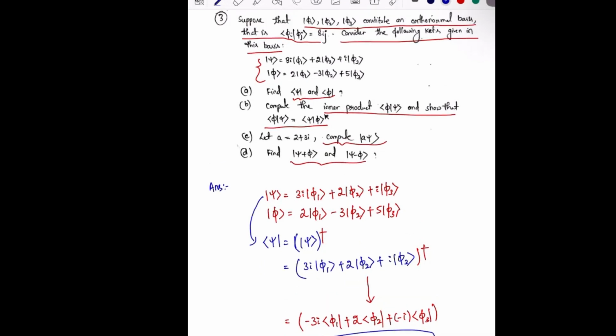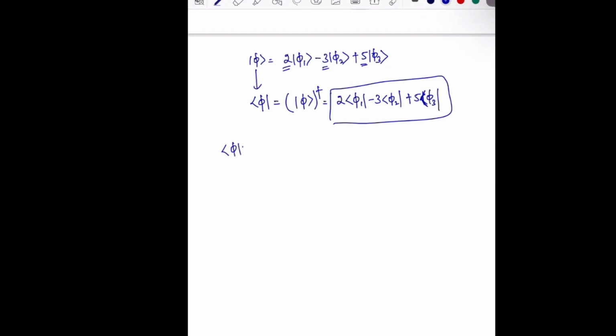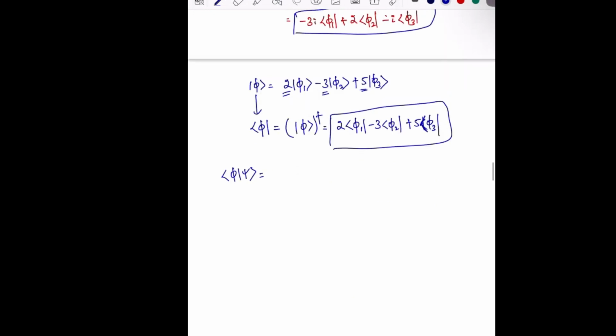Now let's see the second question. The second question is asking to compute the inner product of phi with psi. I think this is simple, so let me write the answer. This is nothing but the inner product: you take a bra vector and take the inner product with the ket vector. The bra vector is here, so take that: 3 phi 2 plus 5 phi 3.